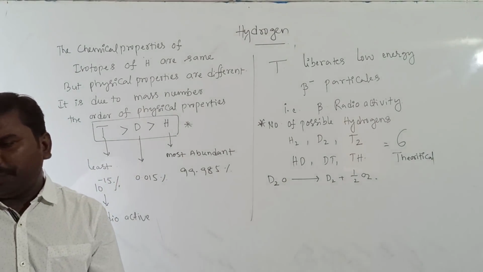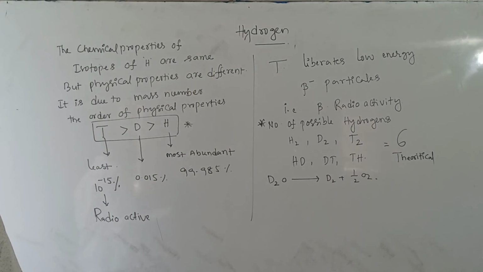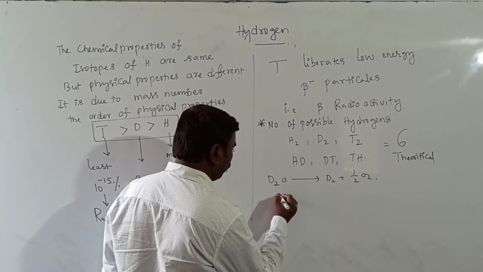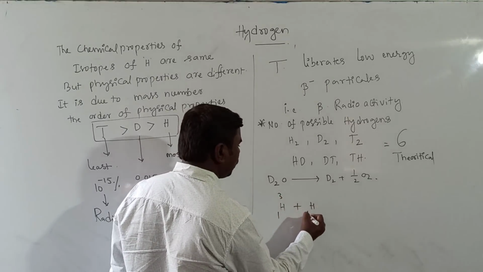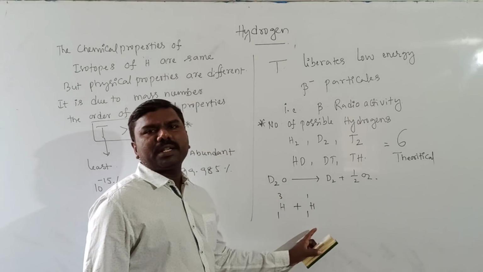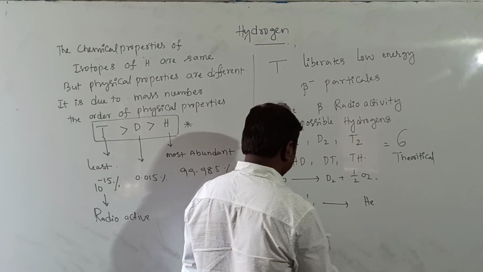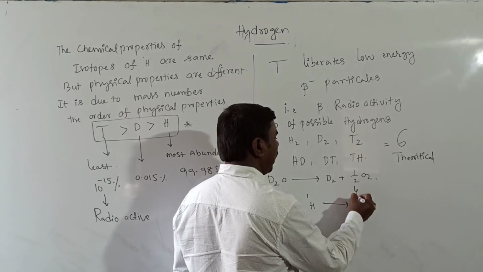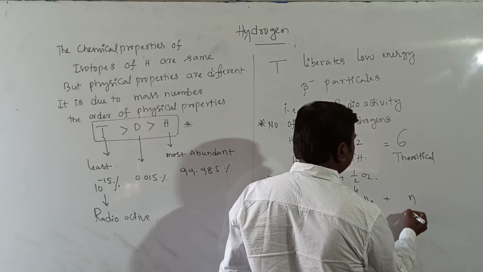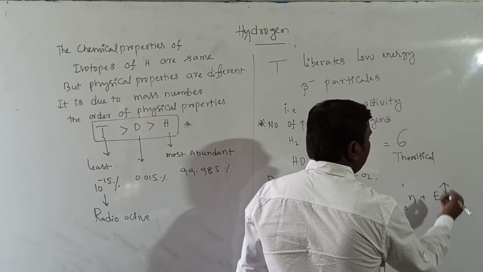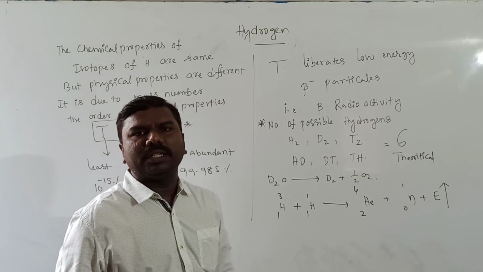Next one: H 1 3 plus H 1 1, that is tritium plus hydrogen, gives helium 2, 4 plus a neutron, and a large amount of energy will be released.